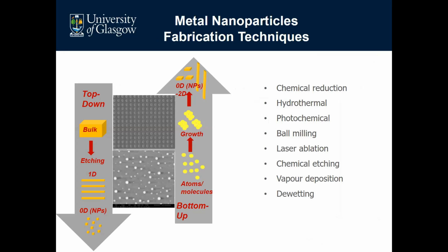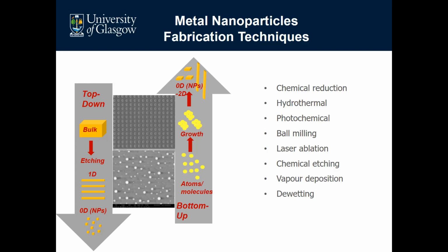And this slide briefly explains the important techniques used to produce metal nanoparticles. Generally, the classification comes from two major categories, top down and bottom up. The top down method uses a starting bulk material which is chopped into small nanoparticles using a chemical or physical etching process.